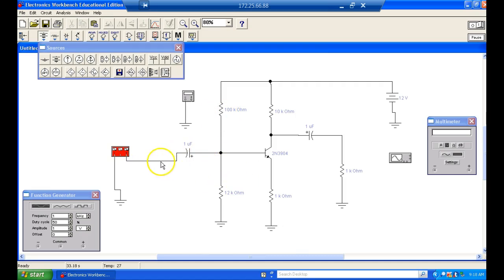So what we did when we did it that way, so this is the guy we usually like to play around with because this sets the input impedance. If we look at the input impedance, the input opposition to our AC signal, it flows this way and then through the transistor and through the 1K, right?